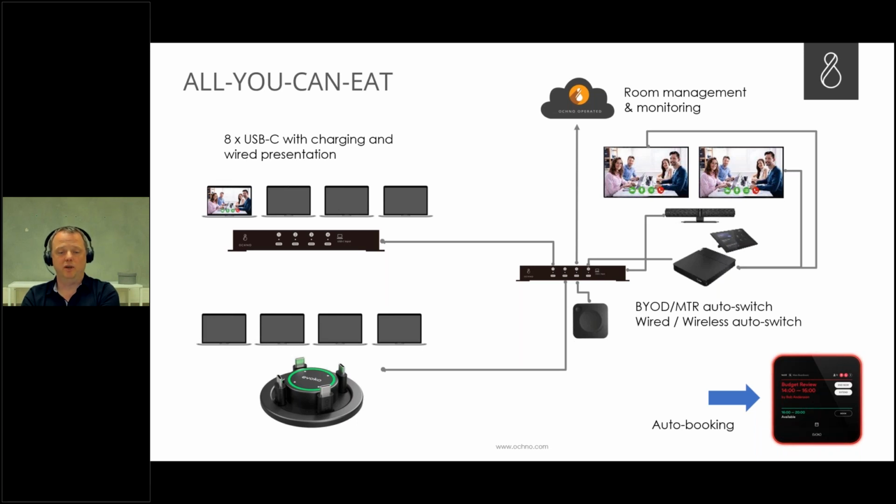So in this kind of room, you have 8 USB-C connections, thus charging, MTR content ingest, BUD mode, switching between wired connectivity and wireless connectivity is done automatically. Switching between MTR mode and BUD mode is done automatically, and the room is automatically reserved as soon as anyone connects on any of these USB-C cables.